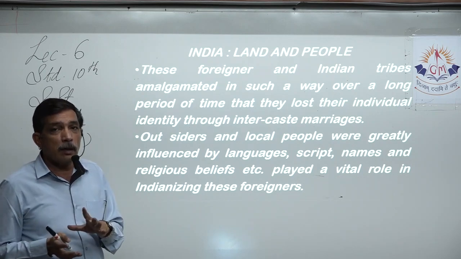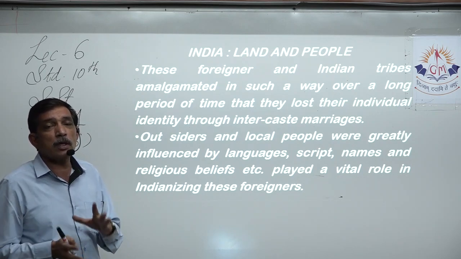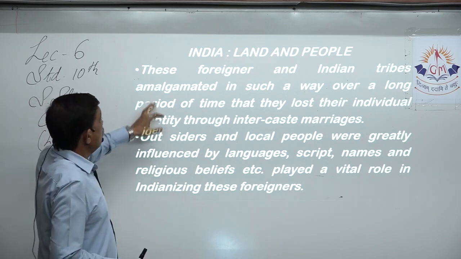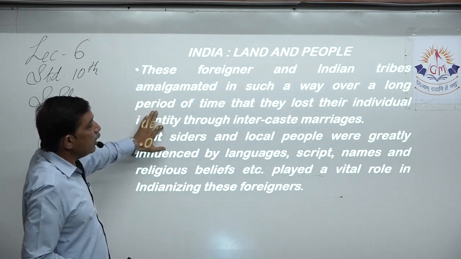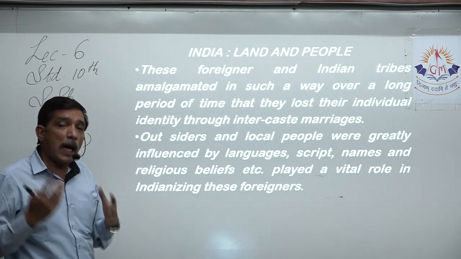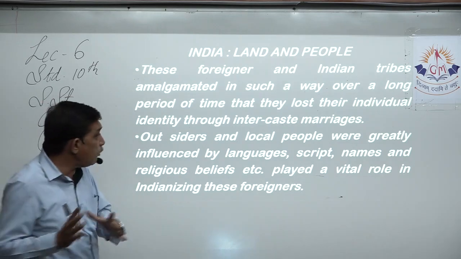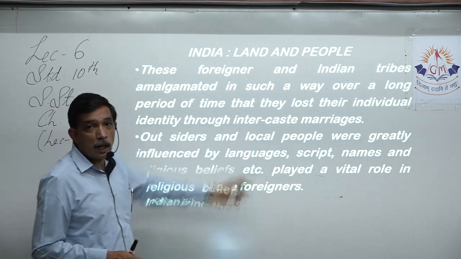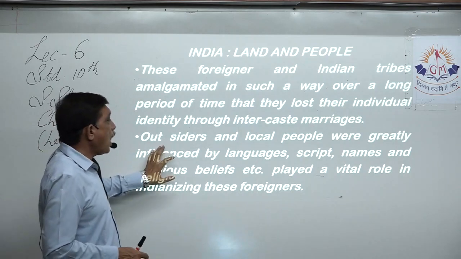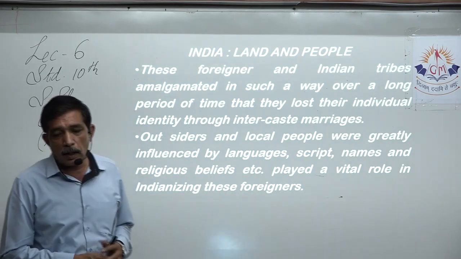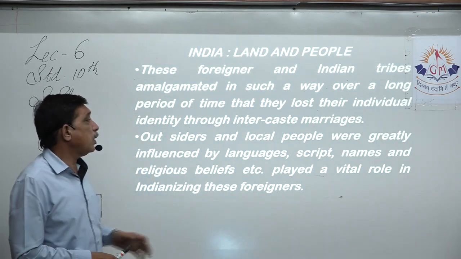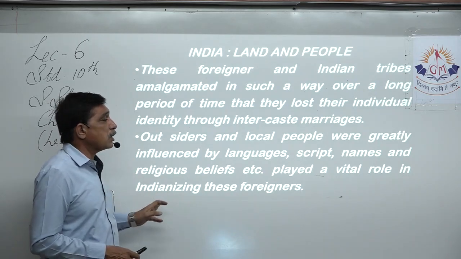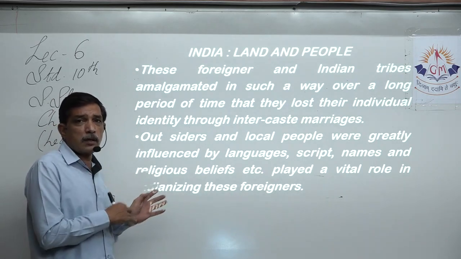So after 500 years it becomes impossible to say who is who, in such a way that over a period of time they lost their individual identity and became Indian because of intercaste marriage, which we discussed earlier. Outsiders and local people were greatly influenced by language, script, names, religious beliefs, etc. When they came to India, of course, theirs is different, ours is different.